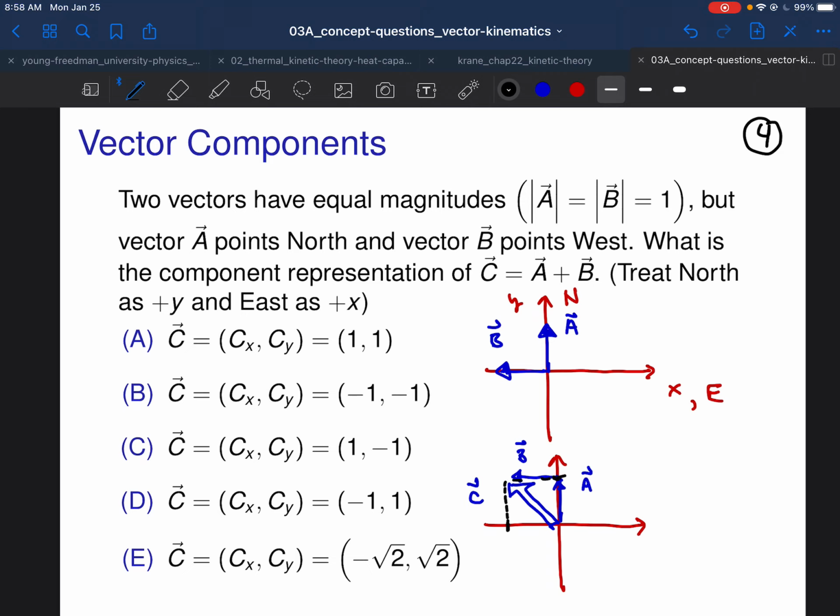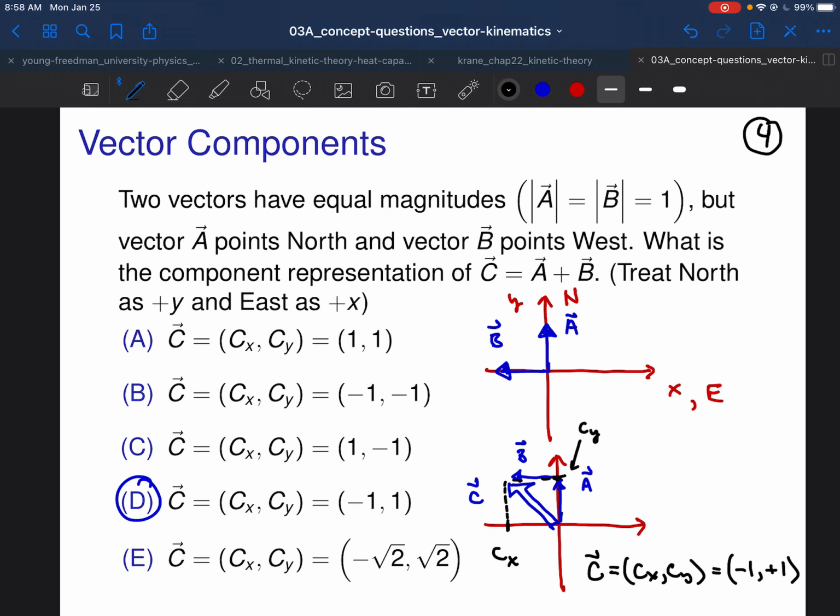So there's c sub x, and there's c sub y. c sub x is a negative number, and c sub y is a positive number. You can see that c sub y is equal to the length of A, and c sub x is equal to the length of B. They're both 1. So we see that c is equal to cx, cy. Well, x is minus 1, and y is plus 1. So our answer then is D.